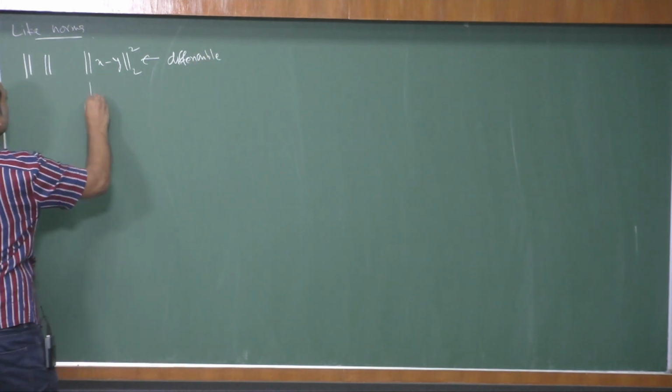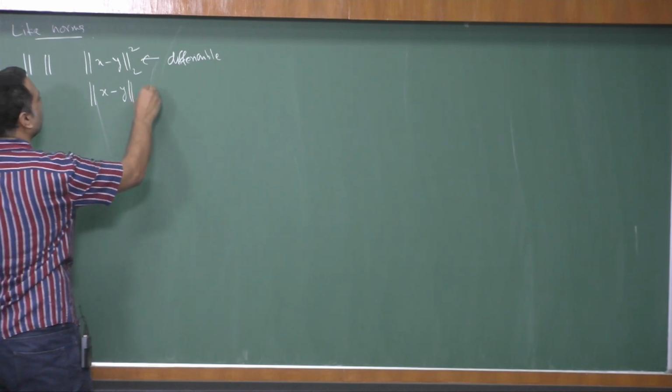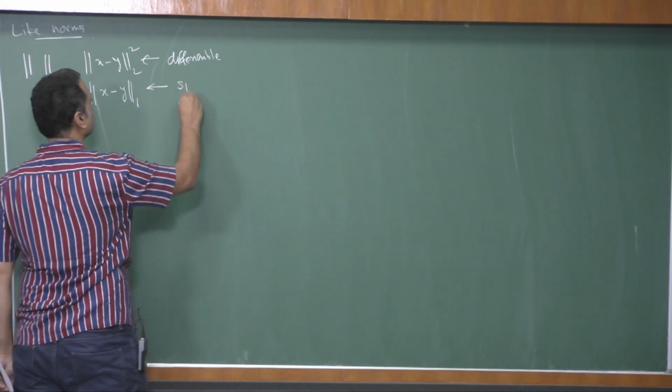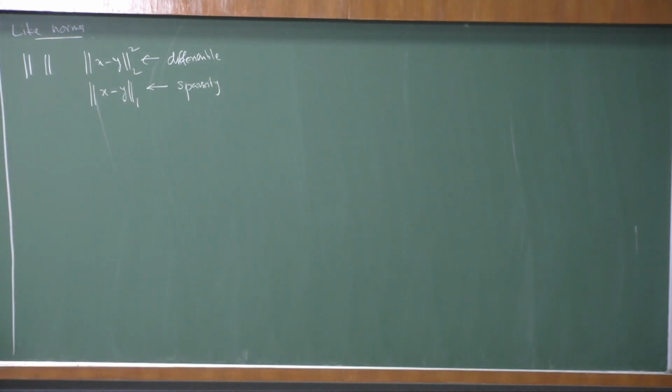But then there are cases where I will use a 1 norm, and in this case my interest is to preserve sparsity. So I can measure 2 different things, but with a choice that I have in mind. They will measure closeness, but with a few additional properties in mind.